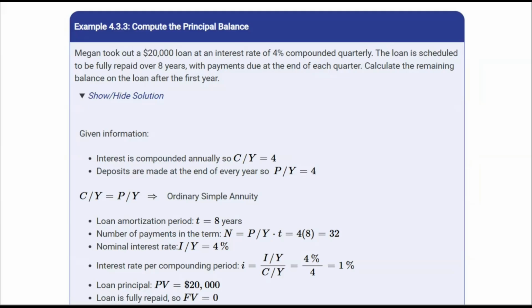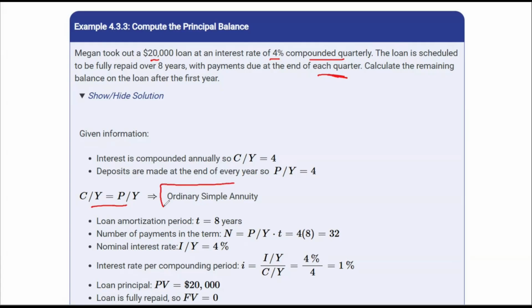So calculate the remaining balance on the loan after the first year. You don't really need a schedule here, but you could do the calculation easily. So, okay, the loan: this is the interest rate for the year, compounded quarterly, and they're paying every quarter. So these two are the same.